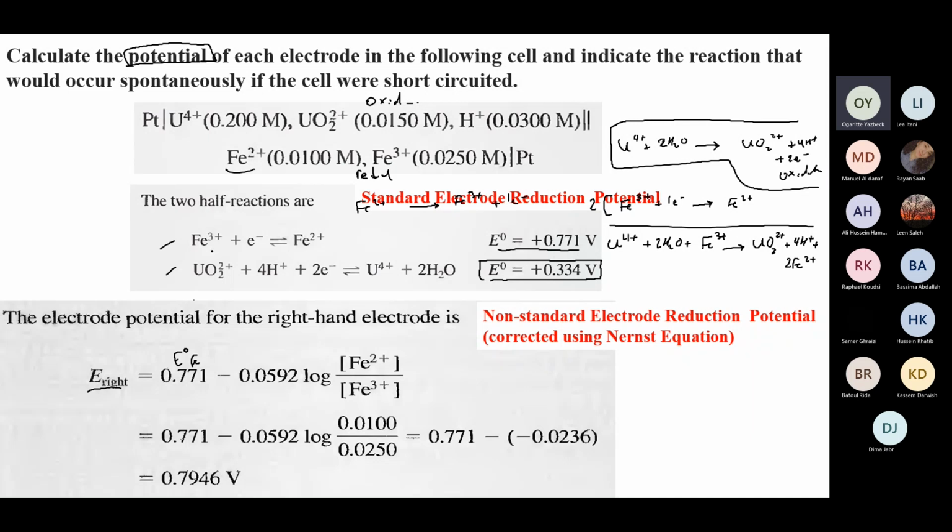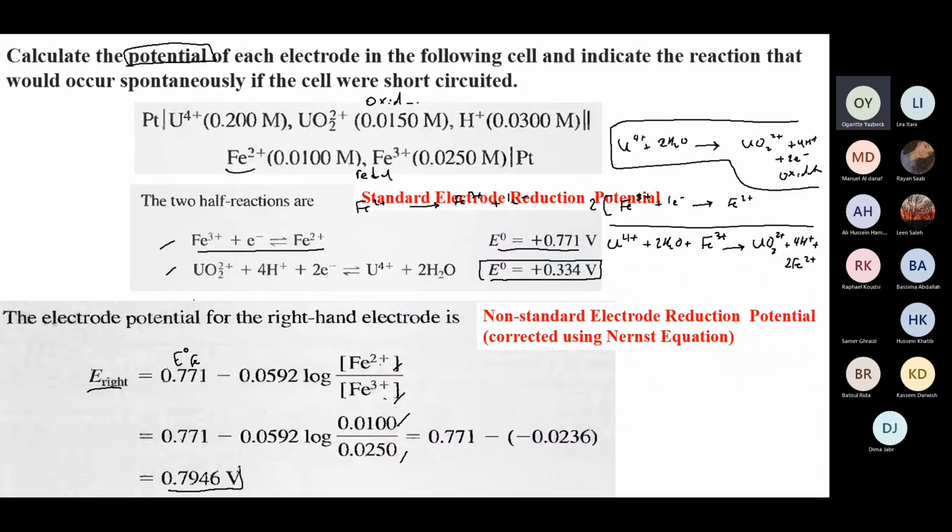Always I look at the reduction half reaction. Products over reactants. If I have a plus sign, it's the oxidized form, or minus sign, it's the reduced form over the oxidized form. So Fe2 plus over Fe3 plus. You have these concentrations, you put them in, and you solve.